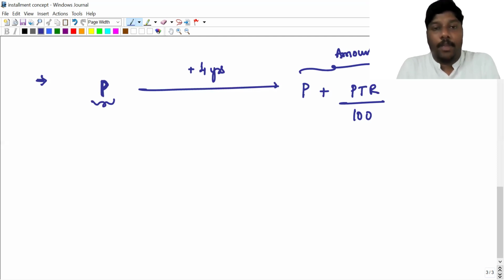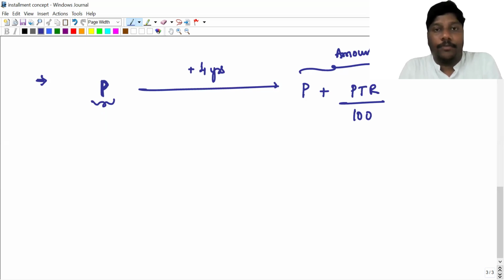But see, when you have taken P, you have to pay P plus PTR by 100. We have taken P rupees, and we have to give P plus PTR by 100 rupees. Okay, and we have taken this sum for 4 years. But what happens in general is you don't have the money to pay at a time. So at that point of time, you pay it as installments.